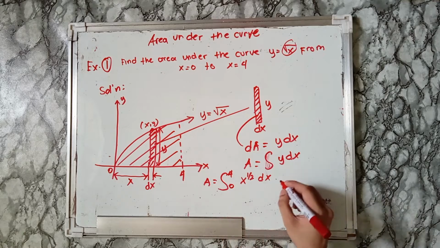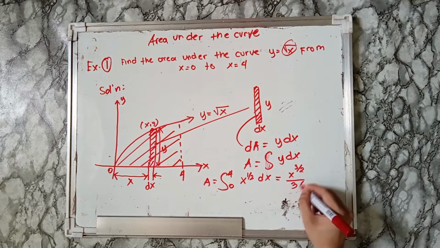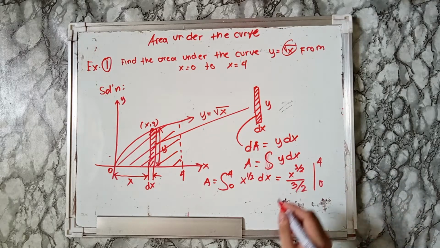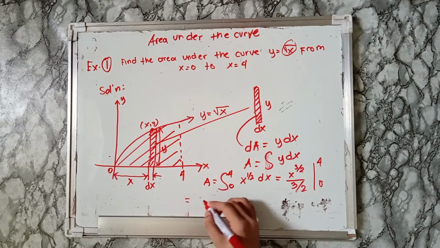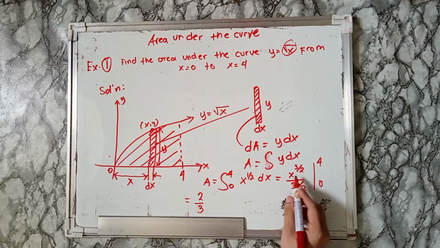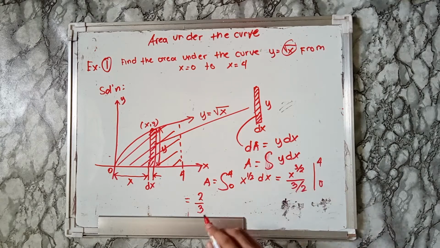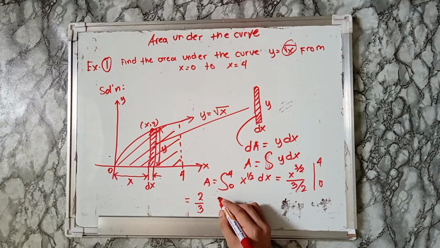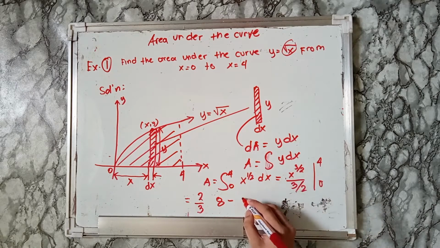And now if we integrate this, this is just x raised to 1/2 plus 1, which is 3/2, over 3/2 with limits from 0 to 4, right? Now if we distribute the limits, this is just 2/3 times 4 raised to 3/2, which is 8, minus, if you plug in 0 here, this will just become 0.